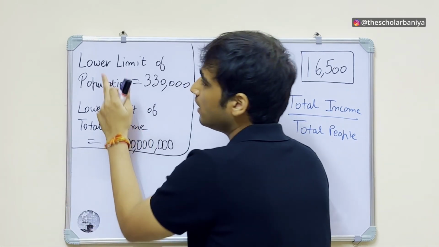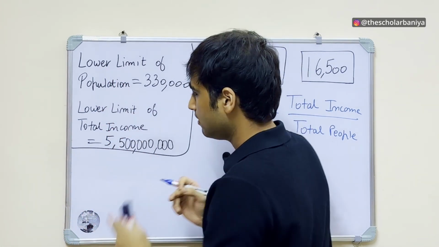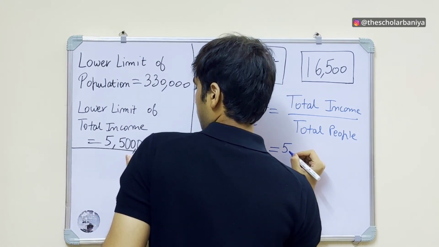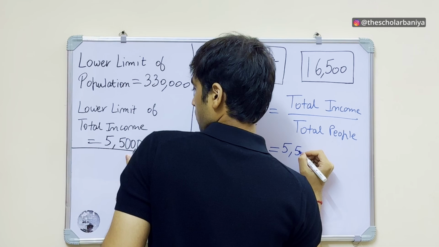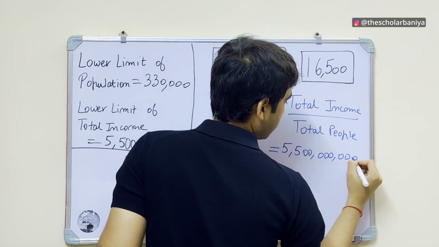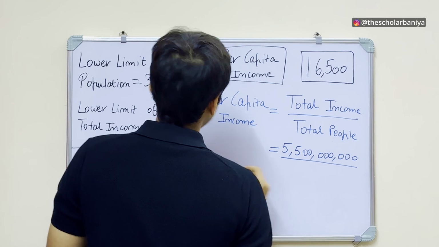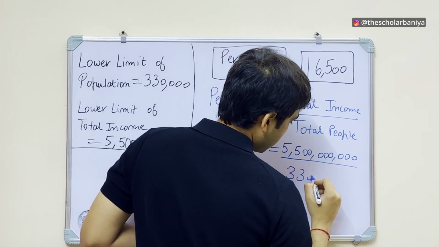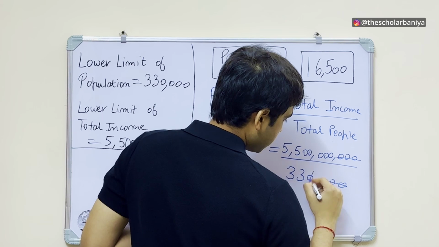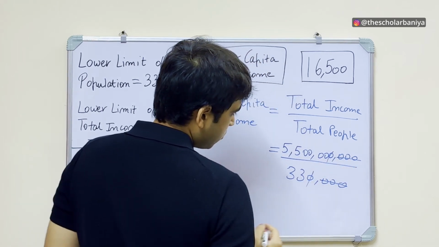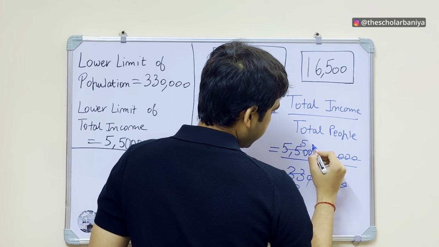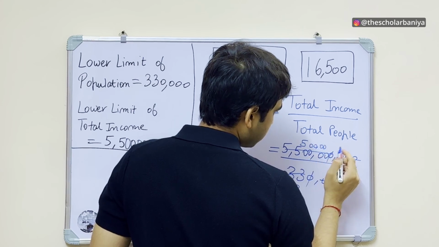The lower limit, I'll talk about that in a while. So this comes out to be what? 5,500,000 upon 330,000. So 3 zeros cancel with 3 zeros. 11 threes are 33, 11 fives are 55.